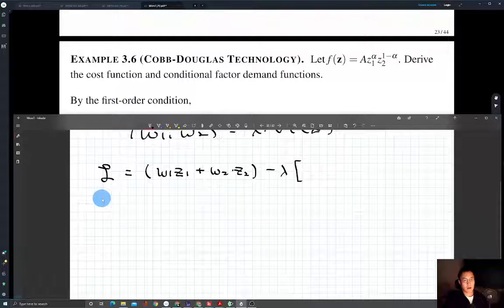The given constraint was f of z is larger than or equal to q. So the firm wants to produce at least this amount of quantity. In this example, that's A Z1 to the alpha Z2 to the power 1 minus alpha minus q.